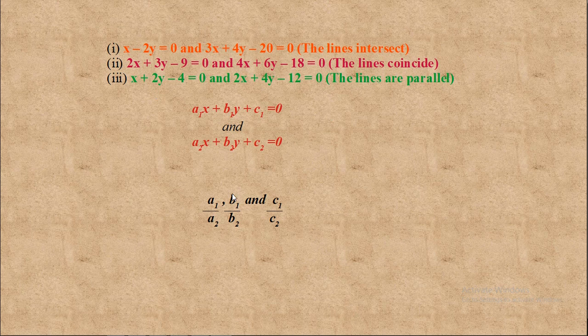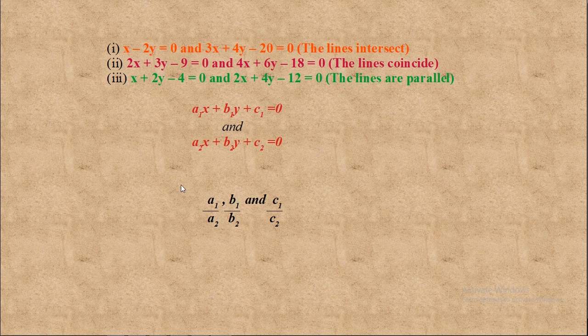Here a1 is the coefficient of x in the first equation, b1 is the coefficient of y, and c1 is the constant term. Similarly, a2, b2 and c2 are the coefficient of x, the coefficient of y and the constant term of the second equation.